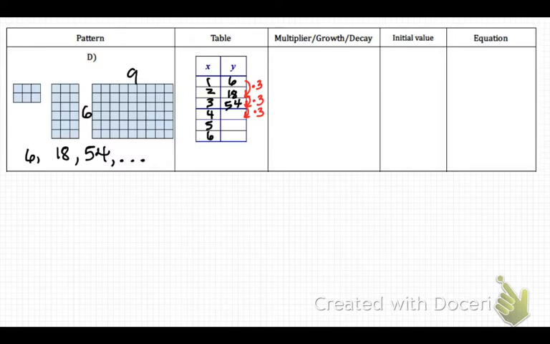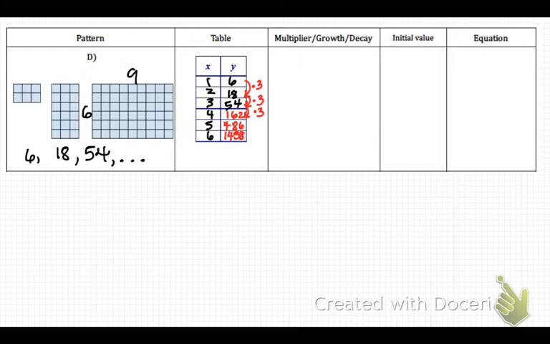What is 54 times 3? 162. Can you find the other two for me, please? What are the other two elements on this table? 486 and 1458.